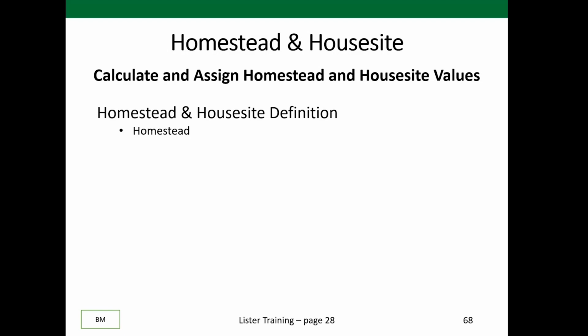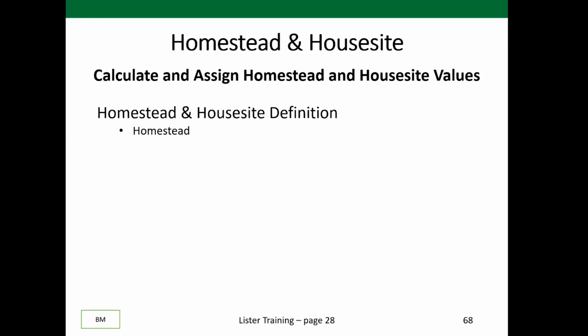A homestead does not include buildings or an improvement detached from the home and used for business purposes, and does not include that portion of a principal dwelling used for business purposes if the portion used for business purpose includes more than 25% of the floor space of the building.